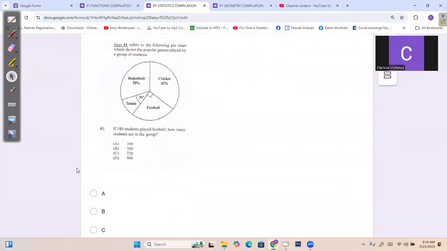So this refers to that. If the students are playing football, how many students are in the group? Football is 90 over 360. This is something you should know: 90 over 360 is a quarter. So if a quarter of the students play football and they want the whole, how much do you need to get a whole?